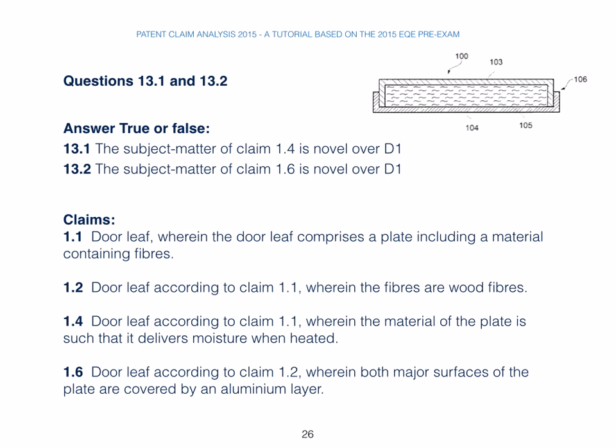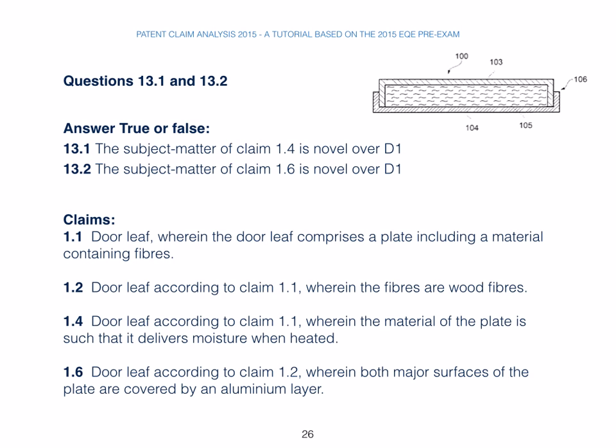So for 13.1, we need to read the description of D1. Does D1's plate contain fibers? Does D1's material deliver moisture when heated? So consult D1 and make up your mind for claim 1.4. And for 13.2, we need to know, does D1's plate's material contain wood fibers?